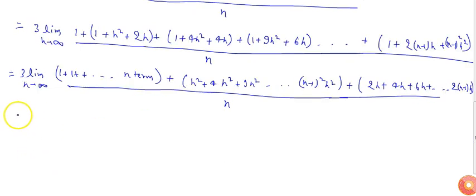So I'll get 3 limit n tends to infinity.